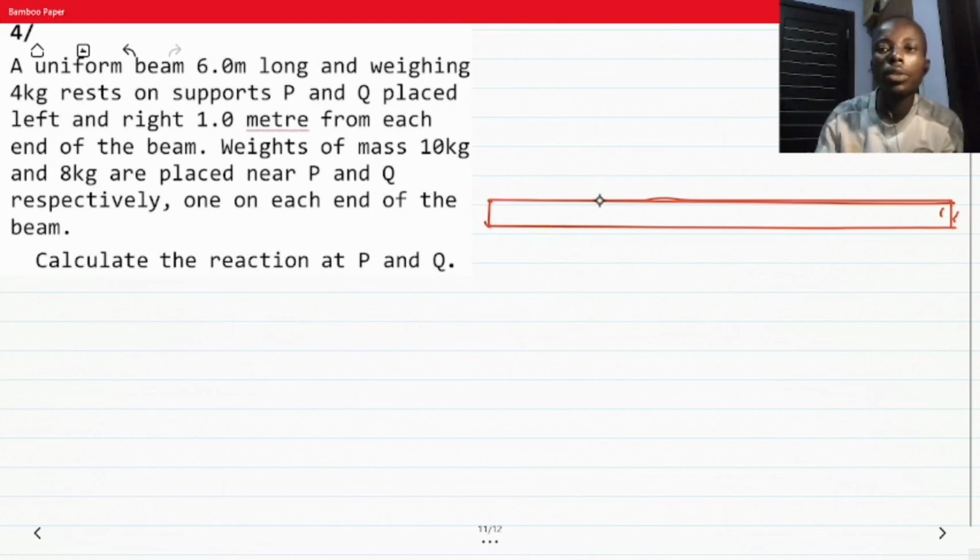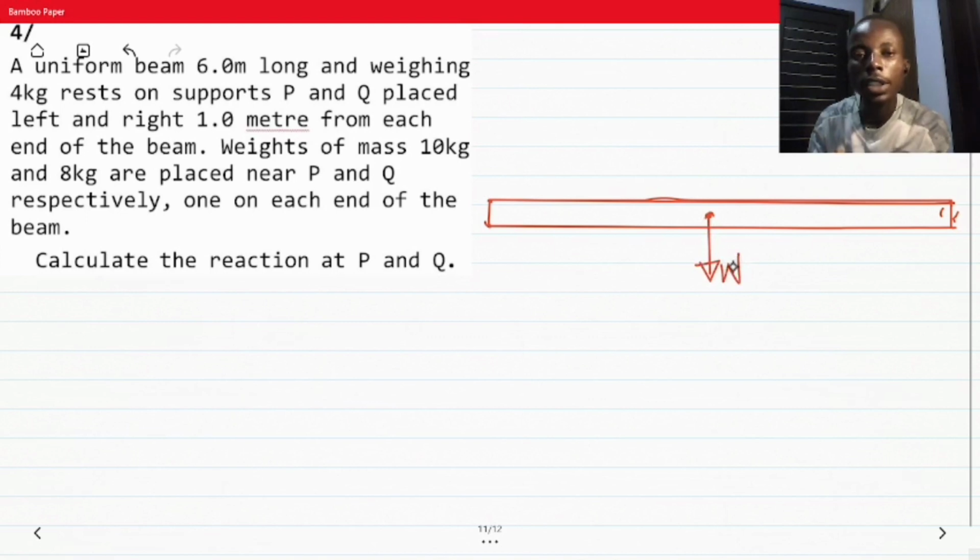All right, so the beam is 6.0 meters long and weighing 4 kilogram, resting on supports P and Q. So the weight is about the middle. I draw something like this down. That's the weight, most concentrated at the center.